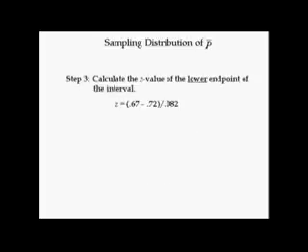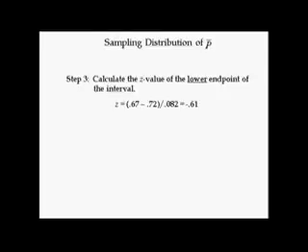The z-value of 0.67 is equal to the difference between 0.67 and the population proportion divided by the standard deviation of the sample proportion, which equals negative 0.61. Now this makes sense because 0.67 is the same distance from the population proportion, 0.72, as 0.77 is.